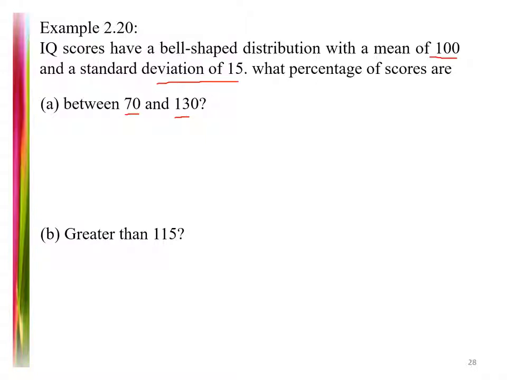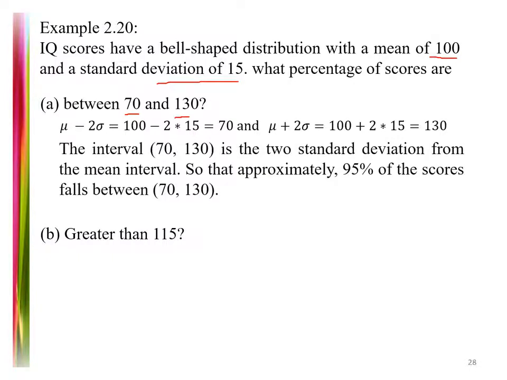You know that 95% of the data falls within two standard deviations. Also, in this case they gave the mean, so that means this is a population mean, for the interval 70 to 130. By the empirical rule, we can say 95% of the scores fall between this interval.